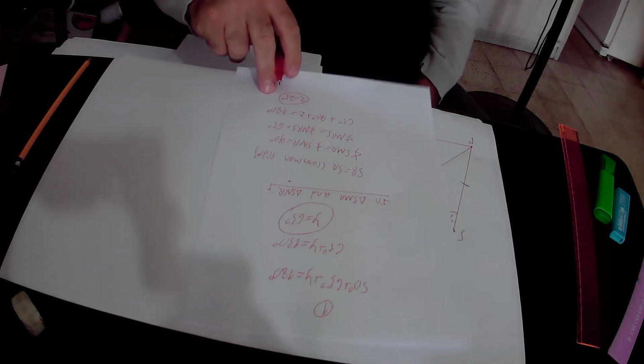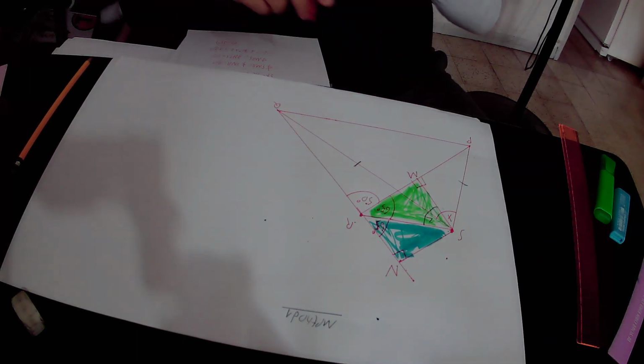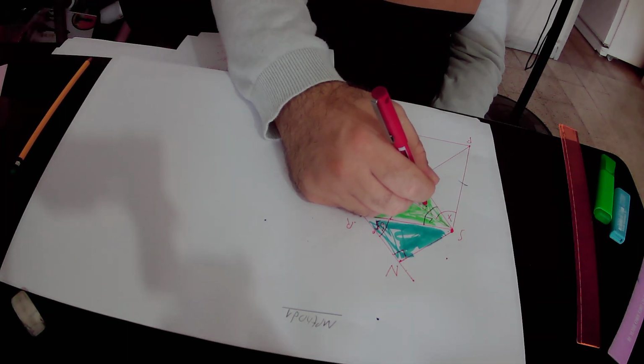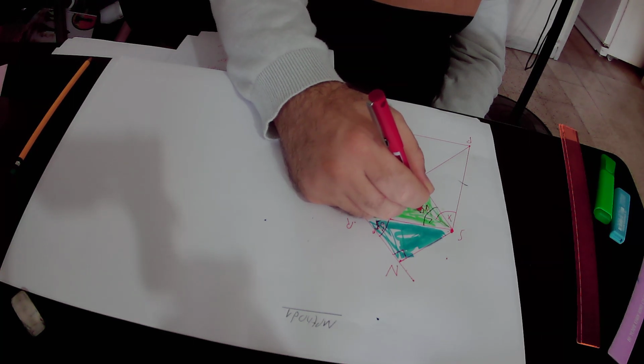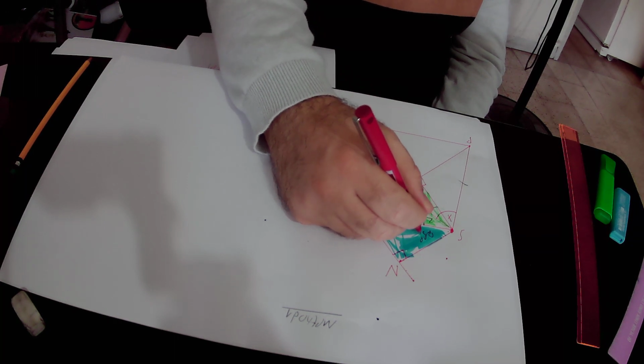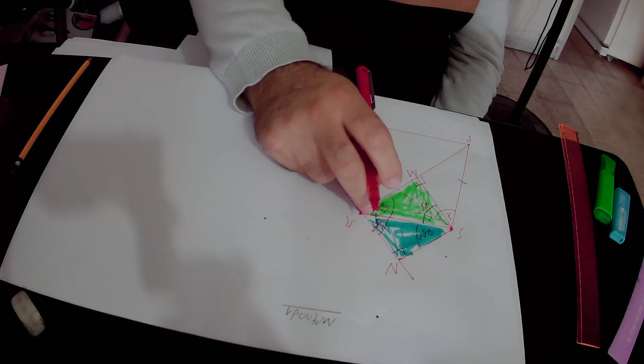So actually angle Z equals 25 degrees. It means that this angle is 25 degrees and this angle is also 25 degrees because they have exactly the same angles.